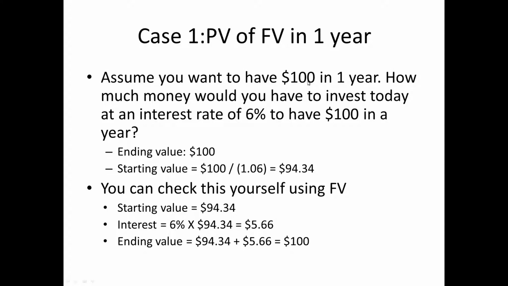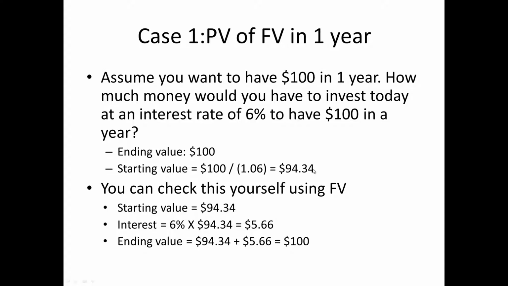So assume that in a year I want to have $100. How much money would I have to invest today at an interest rate of 6% to have $100 in the future? Going step by step, if at the end we needed to have $100, then I need to divide that by 1 plus the interest rate.